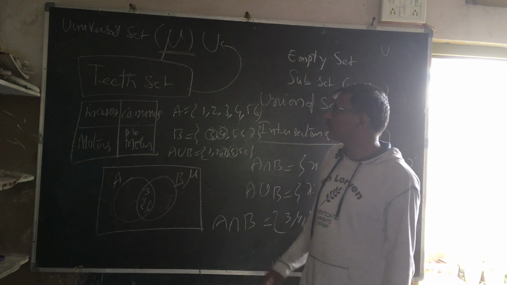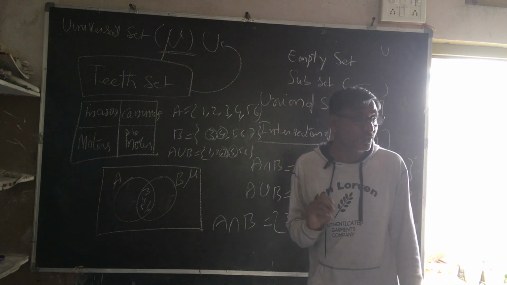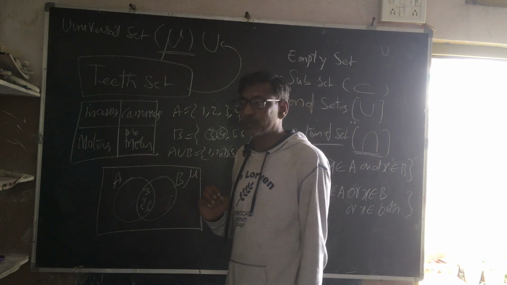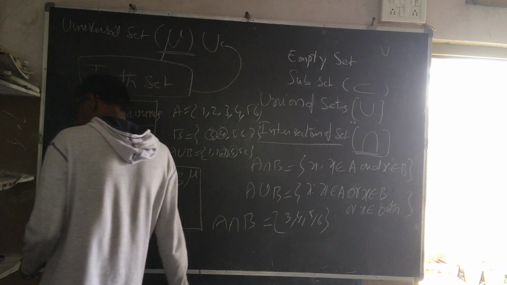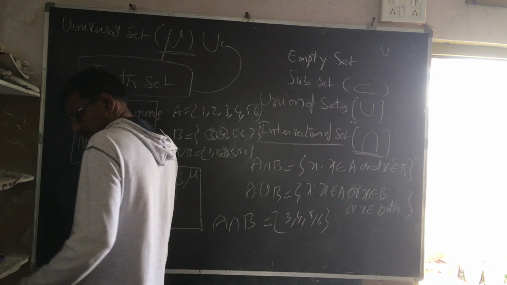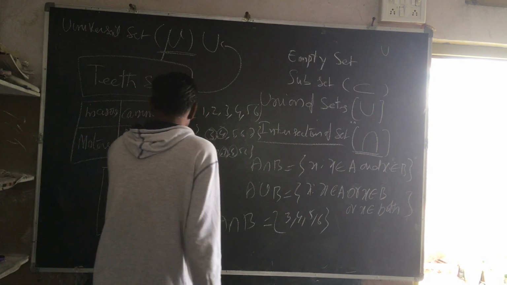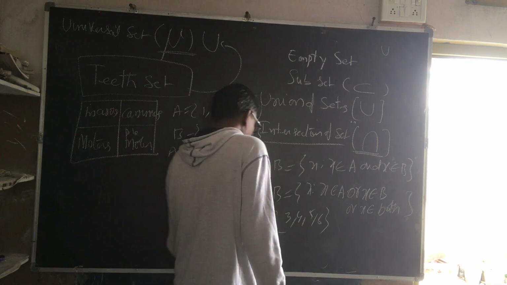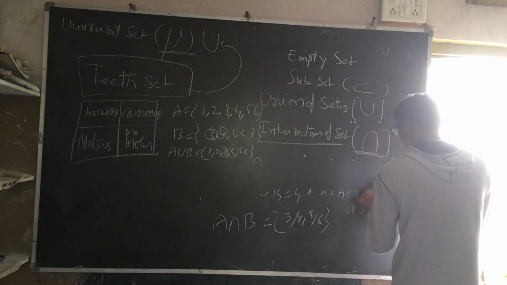The next one is universal set. The last one is difference between two sets. This is very, very important. If I want to write A minus B, with the same example I would like to explain.